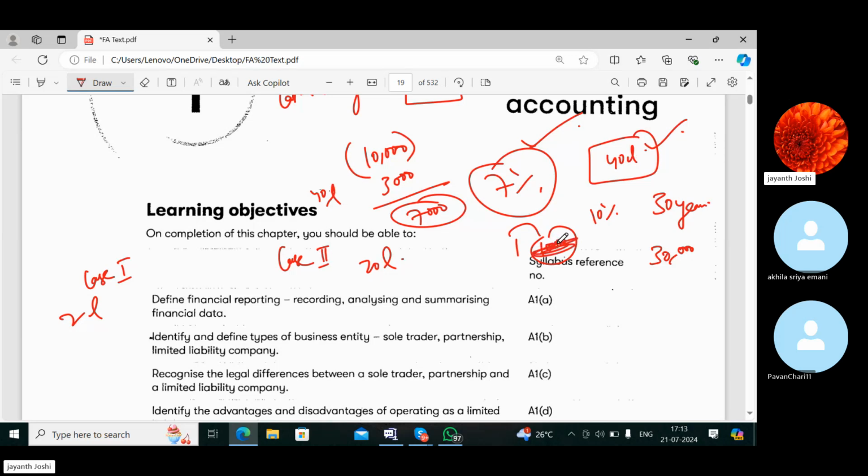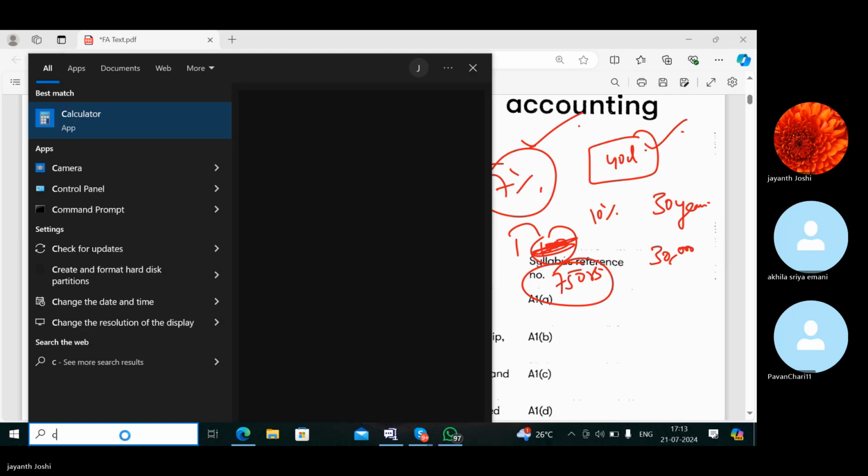No, not 1,000. On 1 lakh, the bank is charging you 700 rupees, let's say 750 rupees. Just multiply 40 into 750. How much? Okay.